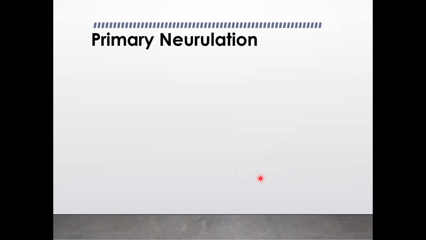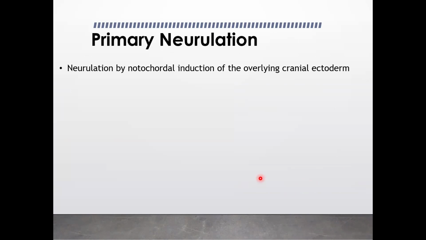So we start off with primary neurulation, and this primary neurulation is the one that will come from notochordal induction of the overlying cranial ectoderm. So primary neurulation will happen on the cranial end, secondary neurulation will happen on the caudal end, and then the junctional neurulation will happen to join the neurotube that has been formed by primary neurulation and also secondary neurulation.